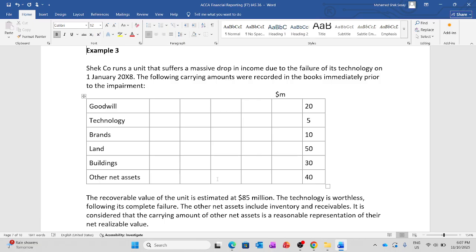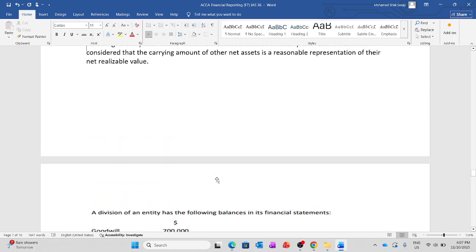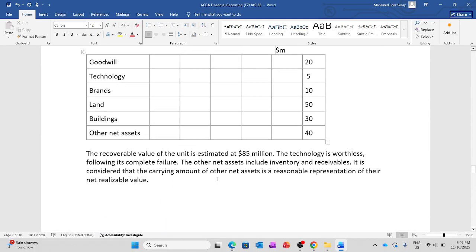The following carrying amounts were recorded in the books immediately prior to the impairment: goodwill, technology, brands, land, building, and other assets. The recoverable value of the unit is estimated at 85. The technology is worthless. So zero value. We are going to charge 100% impairment to the technology. This is what the question clearly stated.